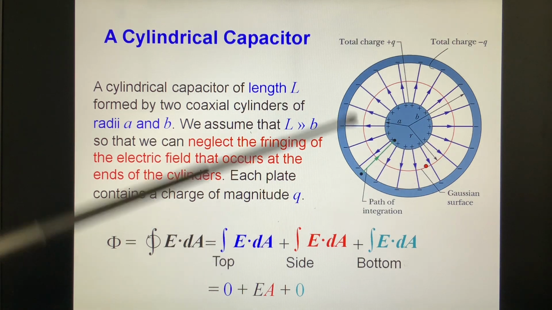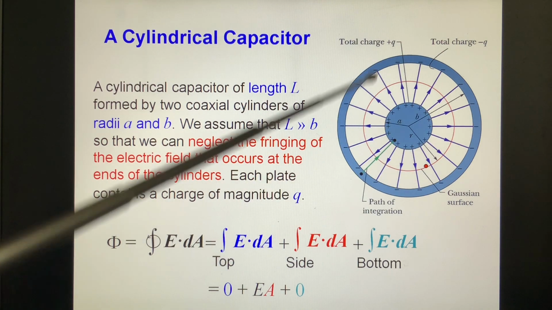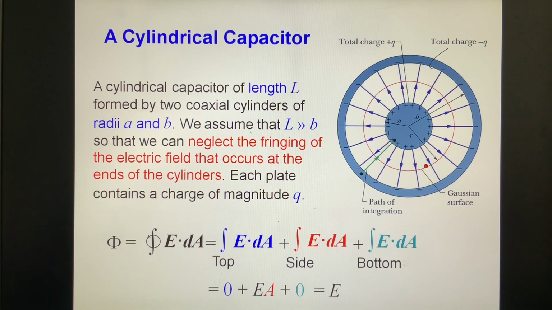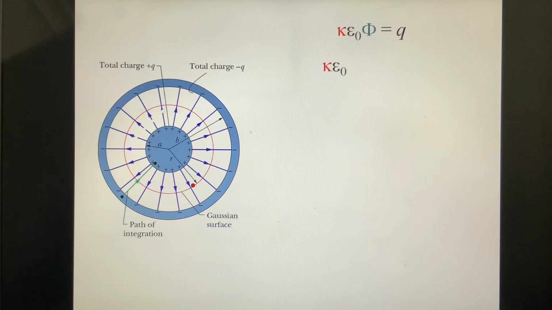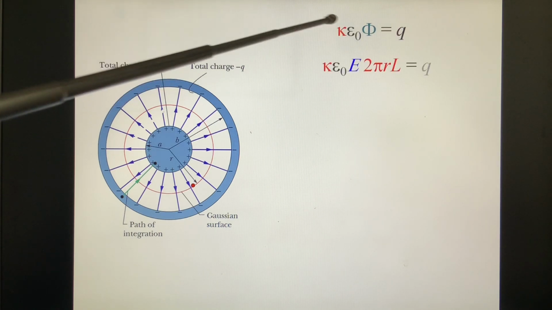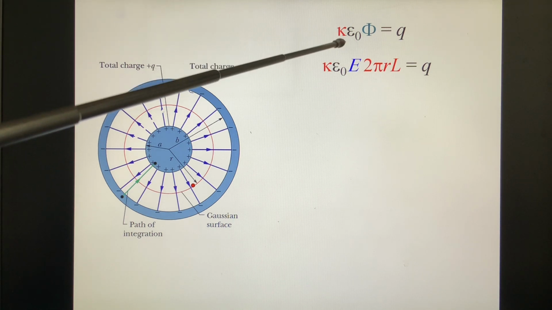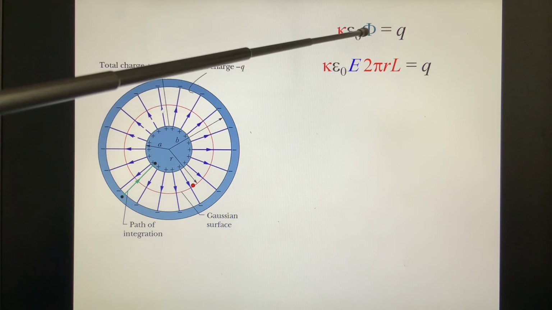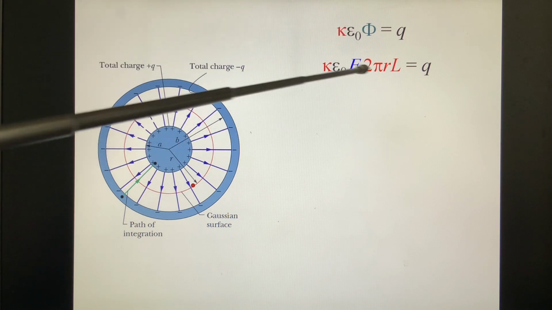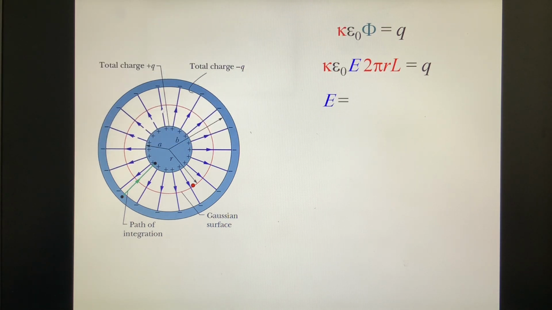The area of the side surface is 2 pi r L. If it is in a dielectric, you replace epsilon 0 by kappa epsilon 0. We get this equation, and we get E.